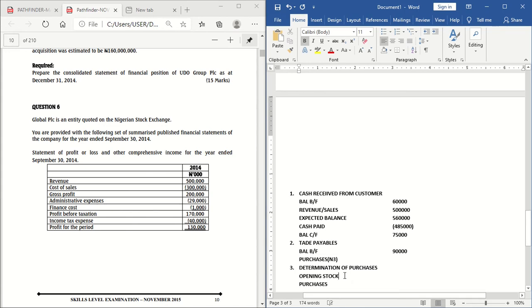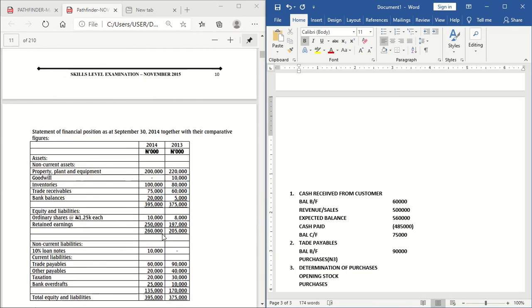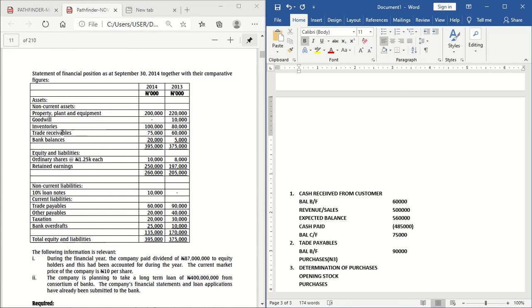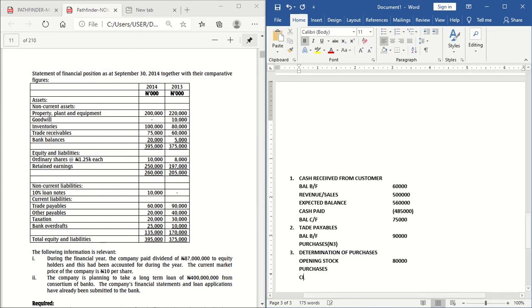So what is our opening stock in this question? My opening stock, if I come to this statement, is given to be 80,000. Add purchases. I don't know purchases. Less closing stock. What's my closing stock in this case? My closing stock in this question, if you come here, it is what?